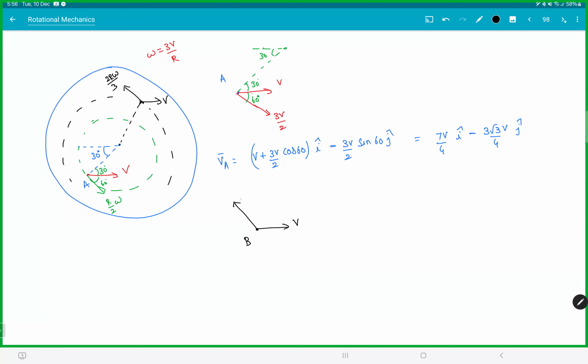This is 2r omega by 3, where r omega is 3v, which is 2v basically. And this angle will be 45. So velocity of B will be v minus 2v cos 45, that is v root 2 i cap. It's actually going backward, and 2v sin 45 is v root 2 j cap. Clear, everyone? You have to resolve the 2v into i cap, j cap. Now there are two components.